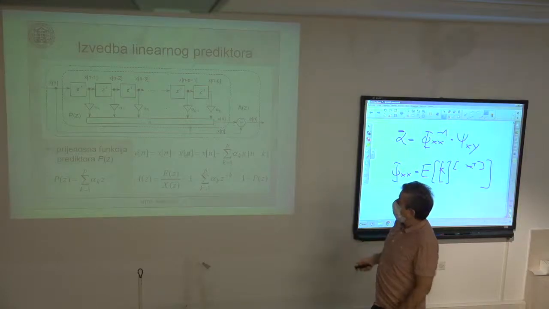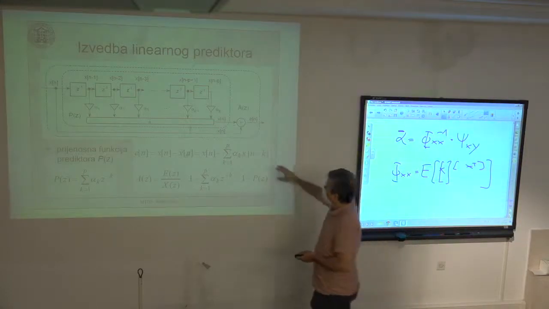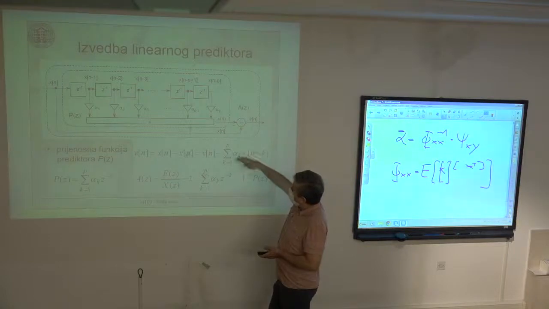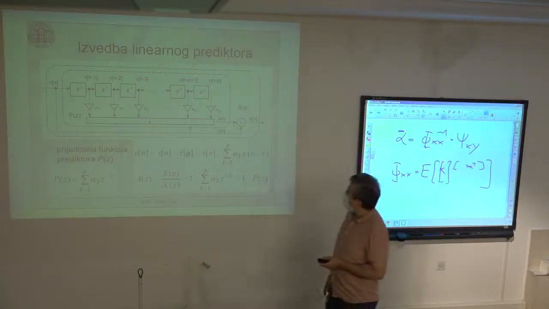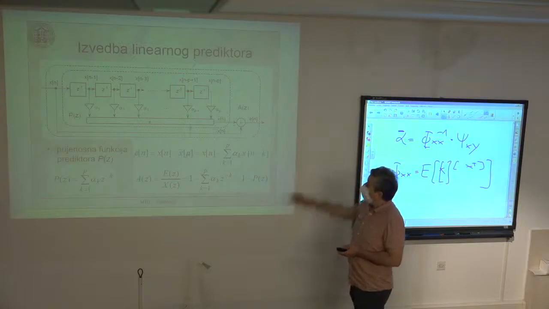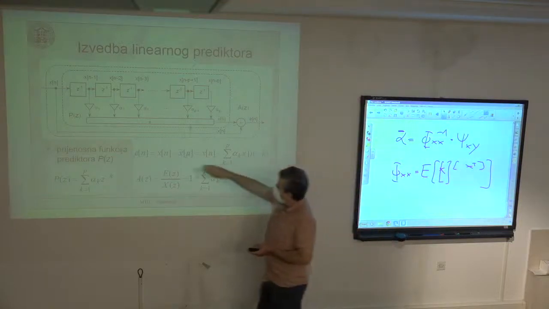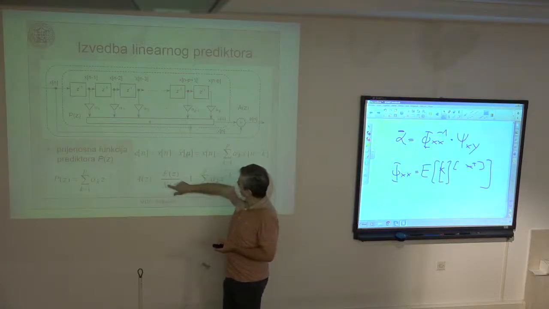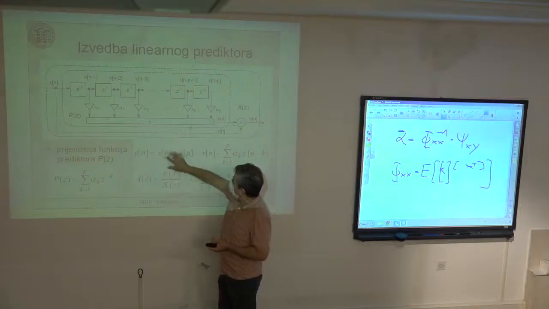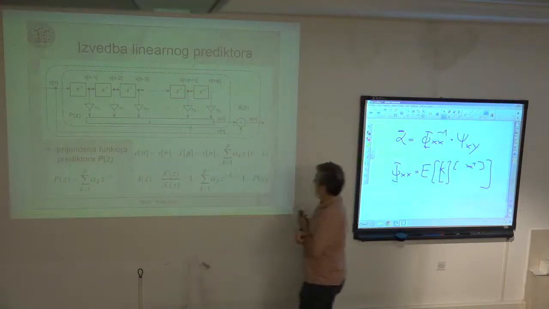Okay, and if I now write the transfer function, so if I convert this difference equation into the z domain, I can write the ratio of the z transform E of z divided by the z transform X of z. Okay?